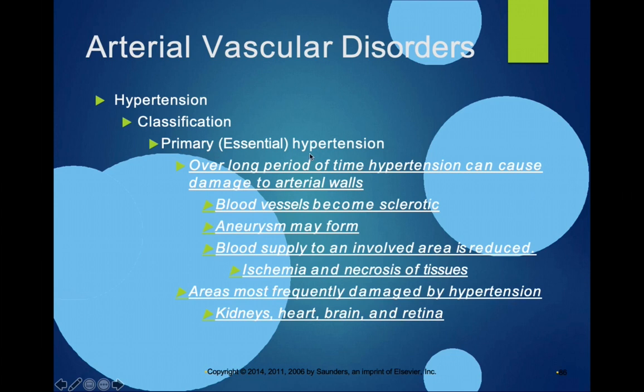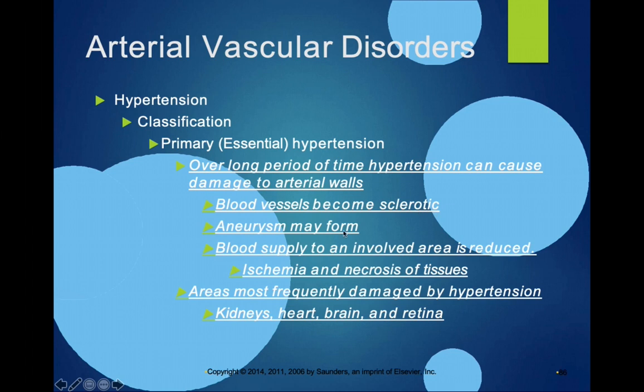So the primary or essential hypertension, over a long period of time, hypertension can cause damage to the arterial walls. Remember that squamous cell, the simple squamous epithelium, that endothelial layer, the tunica intima or tunica interna, gets damaged. Then the blood vessels become sclerotic, right? Arteriosclerosis, atherosclerosis, sclerotic.